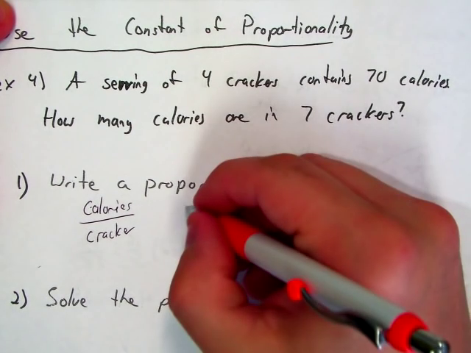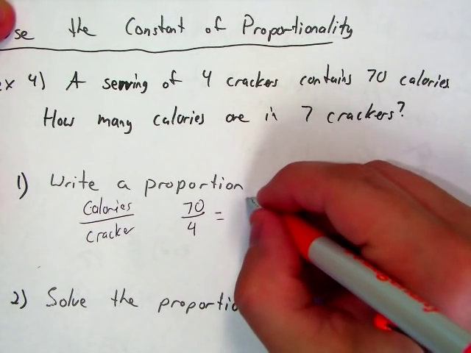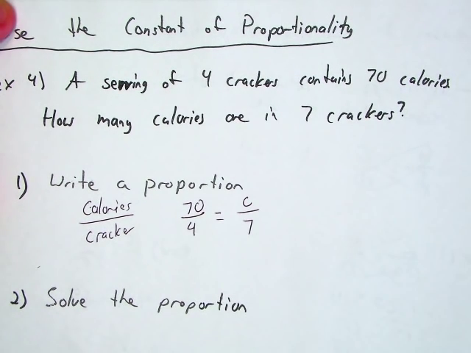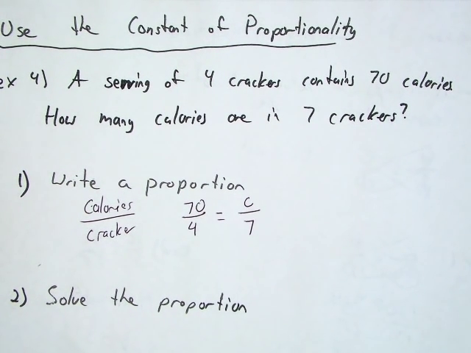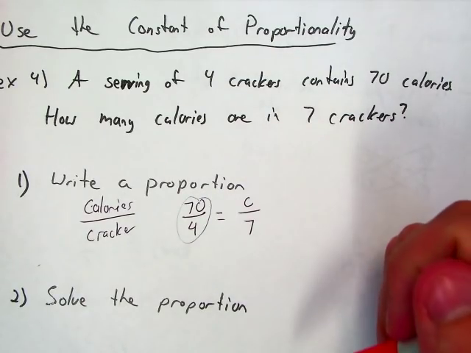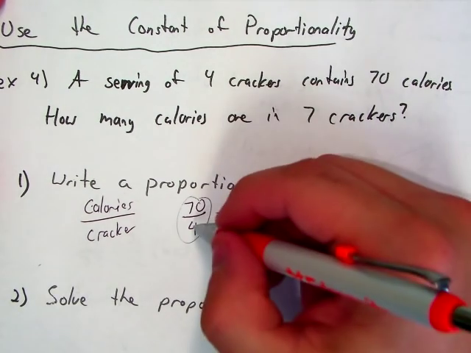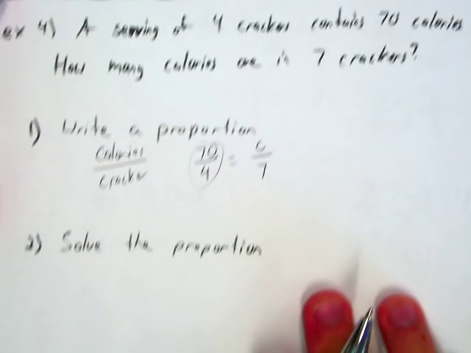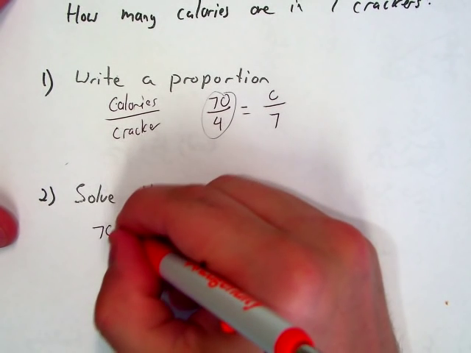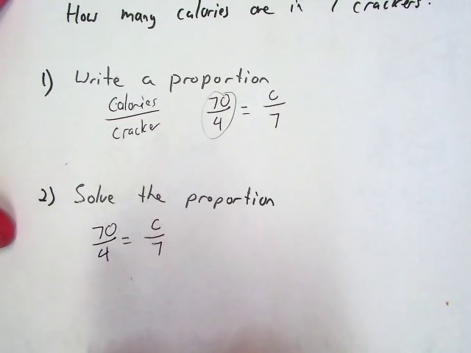So I know that there are 70 calories in 4 crackers. I want to find out how many calories are in 7 crackers. Again, constant of proportionality would be this as a unit rate. But I'm going to use this as a proportion and solve it that way. So I'm going to rewrite my proportion here. So 70 calories for 4 crackers equals how many calories for 7 crackers.